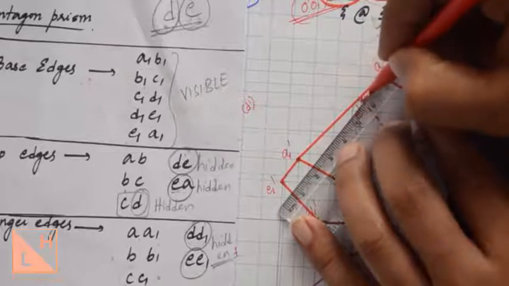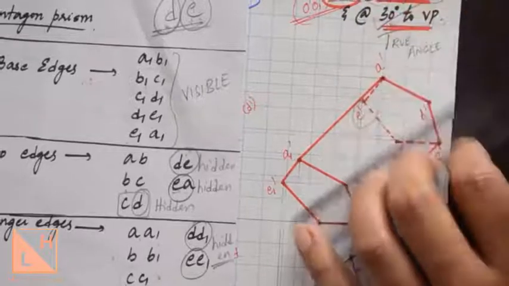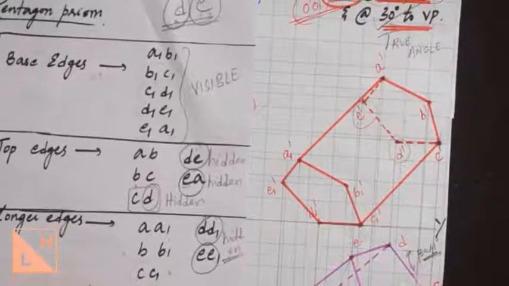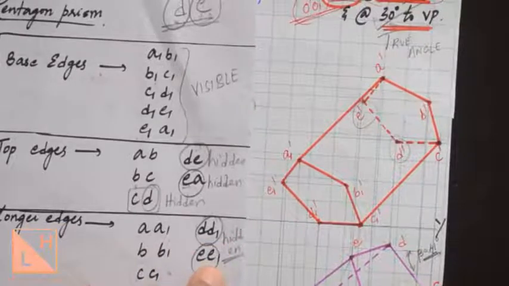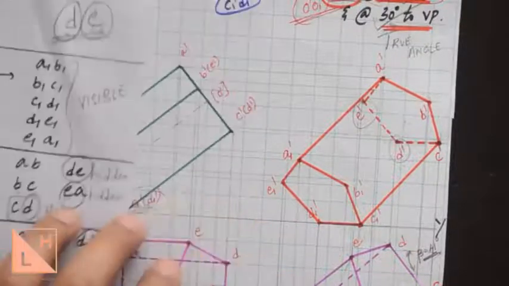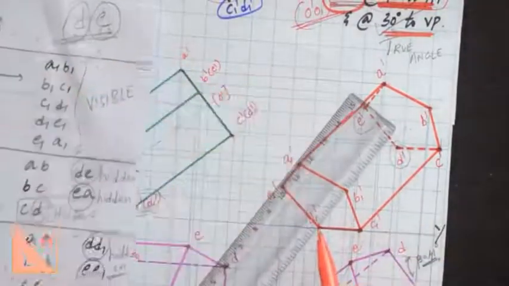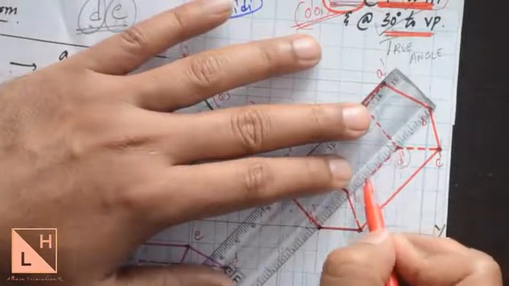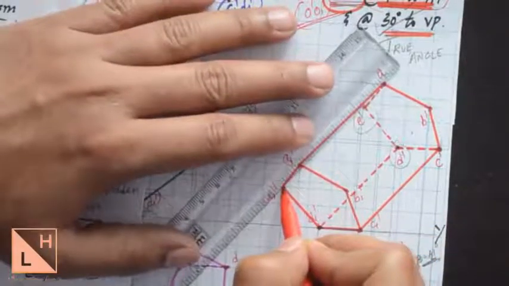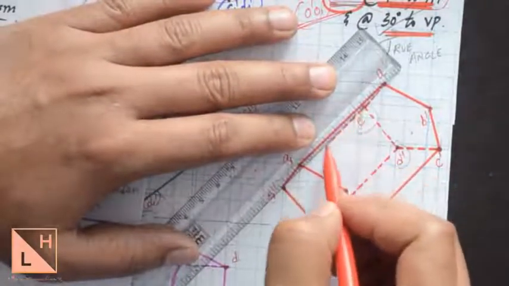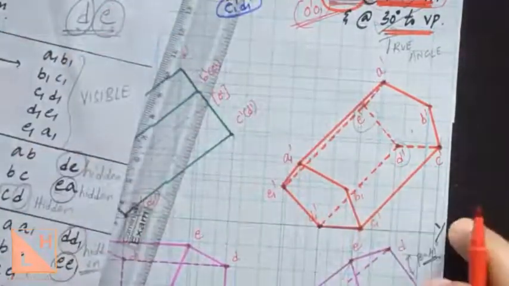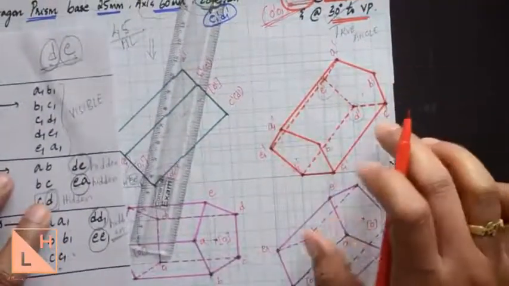So from E dash to A dash is also a hidden line. And next one, when you come here, DD1 and EE1 are hidden. So identify D dash and D1 dash, that is DD1 and EE1. Now we are done with drawing the hidden edges.